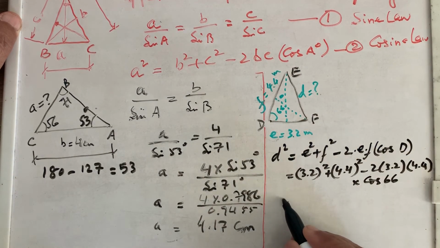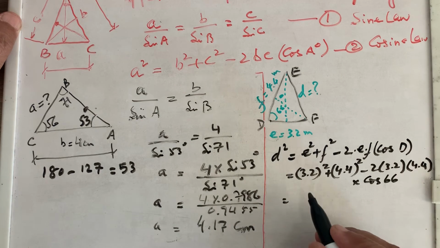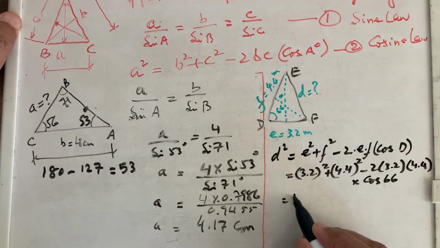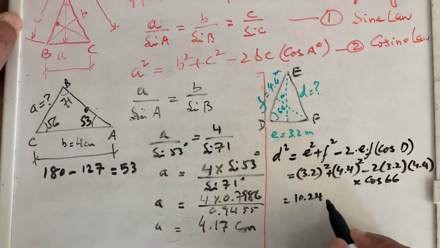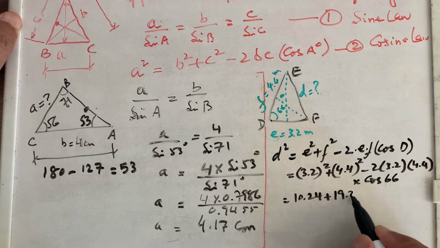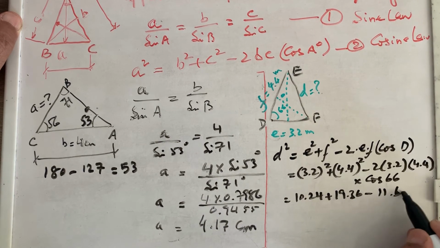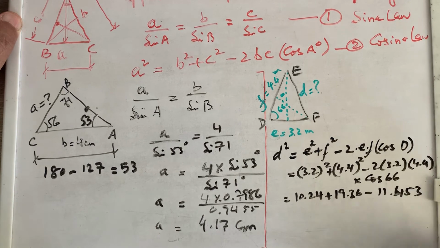So we can work out all of these, and we take cos 66, which is 0.406 if you do it by calculator. So 3.2 whole square is 10.24. 4.4 whole square is 19.36. And this factor, when you calculate it out, is 11.453. Right?